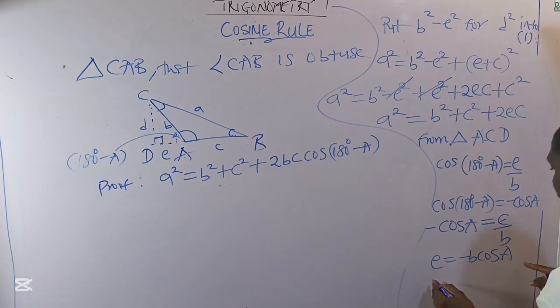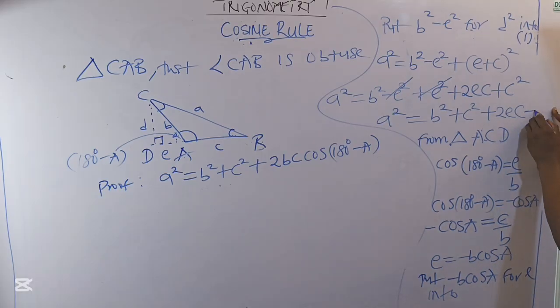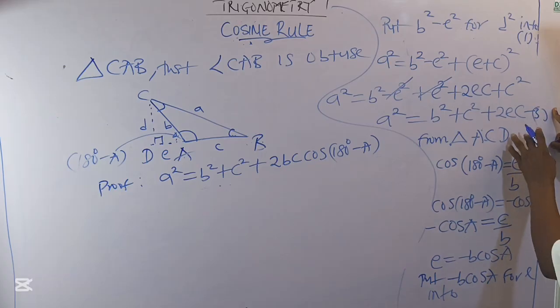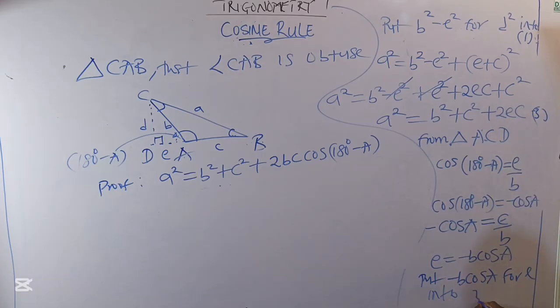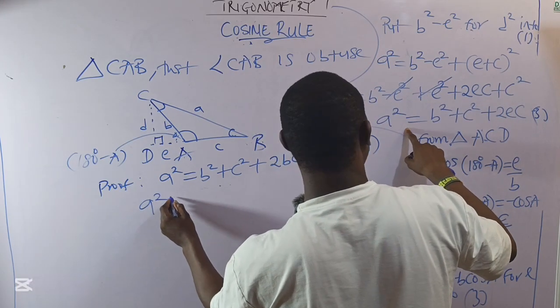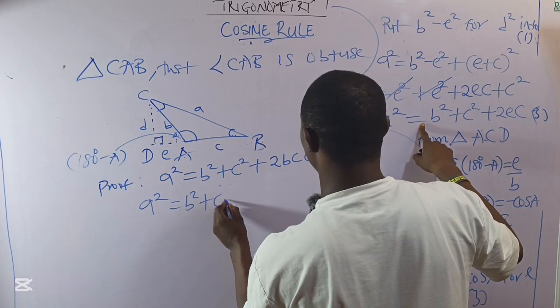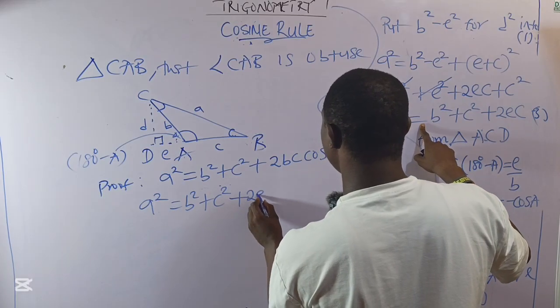So therefore, I'll put minus B cos A for E, let's take this as equation 3. Substituting into equation 3, I have A square equals B square plus C square plus 2EC.